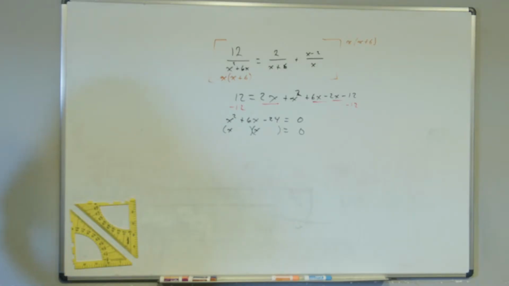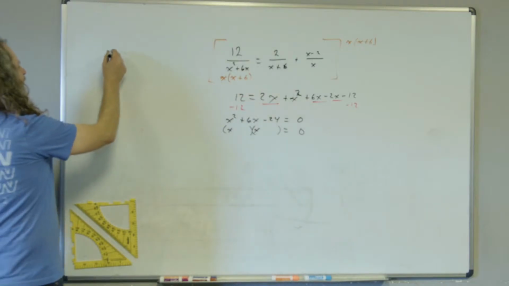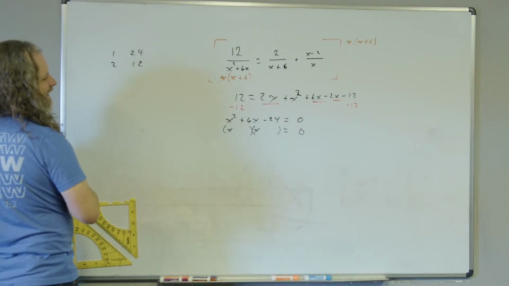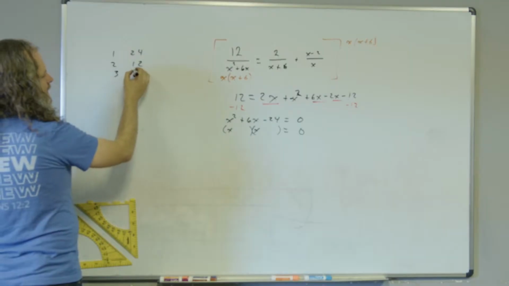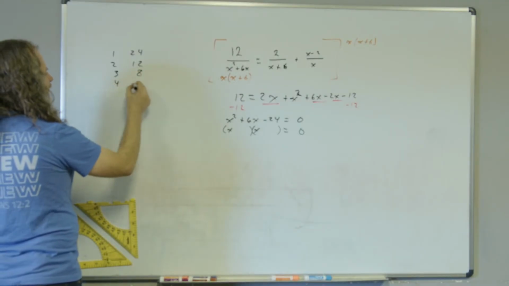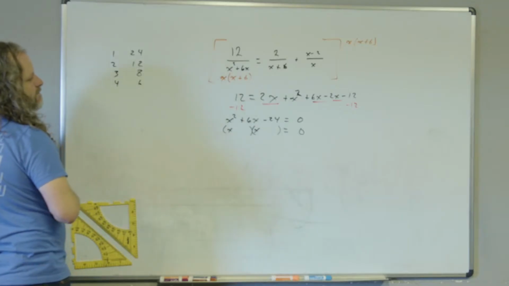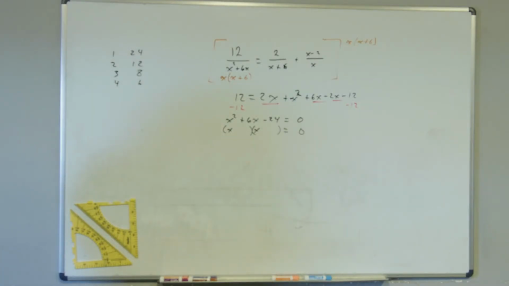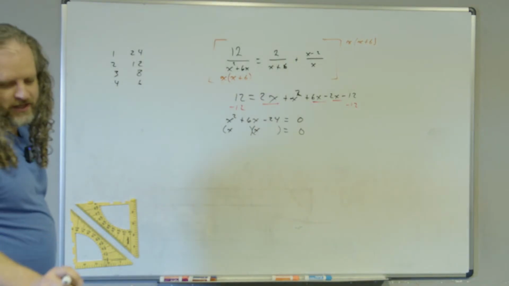I'm going to write them out. 1 and 24, and 3 and 8, and 4 and 6. Which of those make 6? Let's see. If any of them. 8 and 3? No, that's 5. Well, crap. Well, crap indeed.